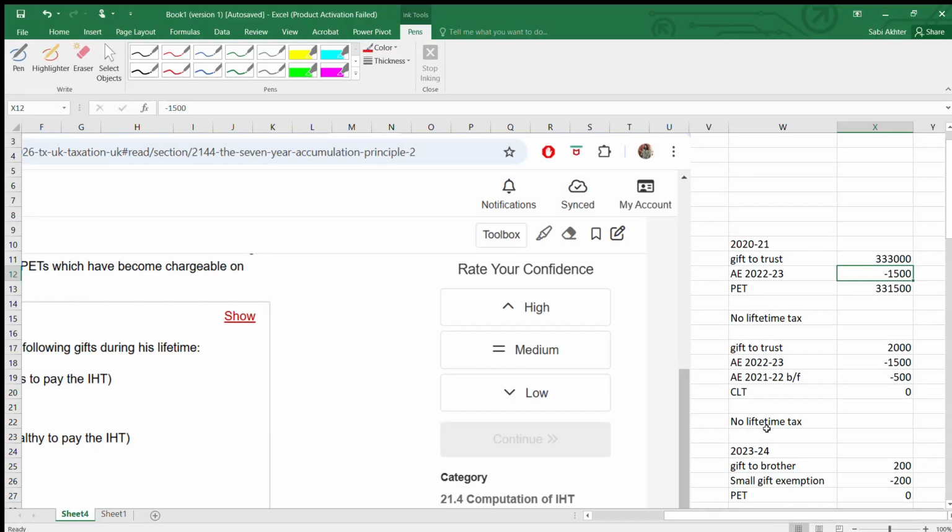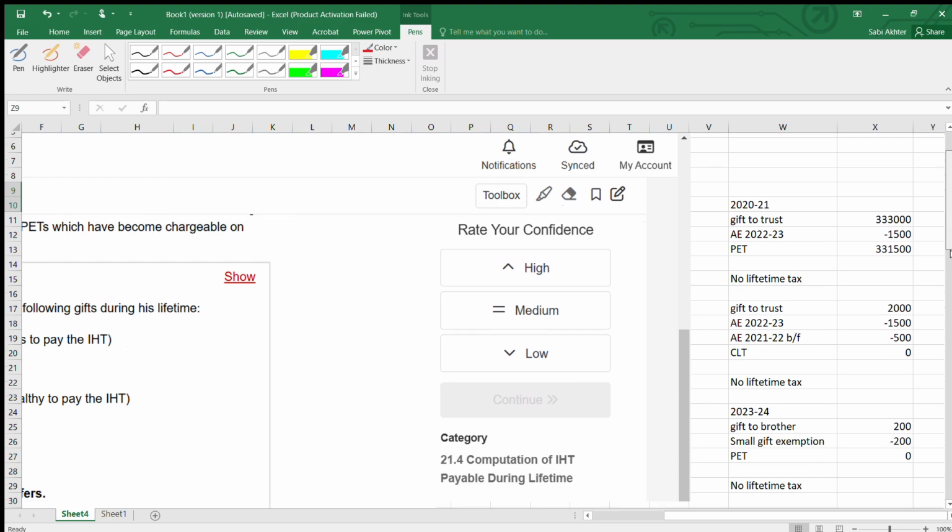So from here we are going to deduct the annual exemption, the current and the brought forward.